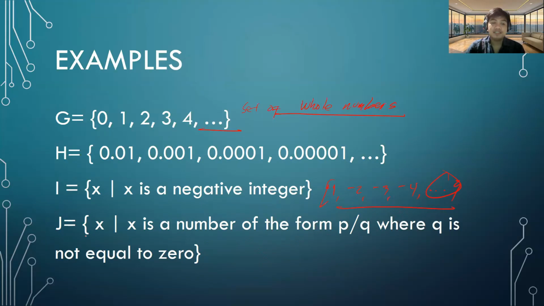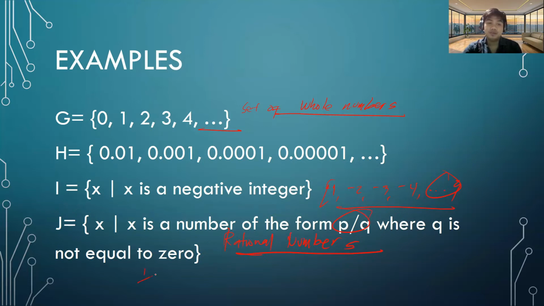And then we have set J, x such that x is a number of the form p over q, where q is not equal to 0. So basically, this is a rational number, a set of rational numbers. This means numbers that we can express as p over q.